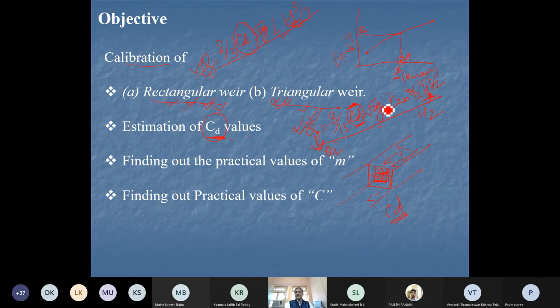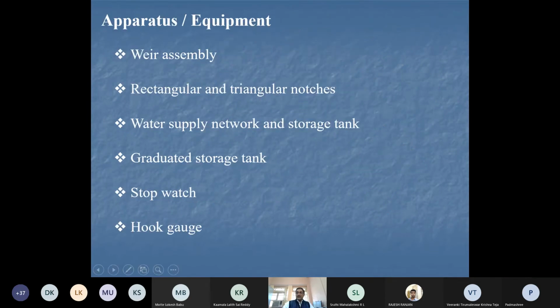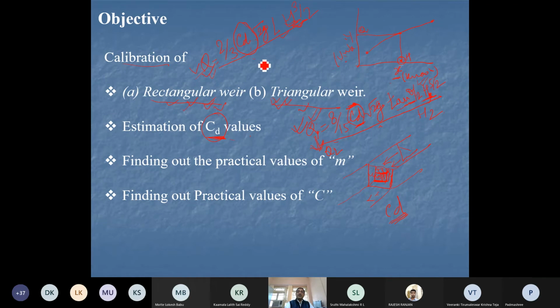We know the value of G, we know the angle theta for this suppose triangular weir. We know the value of L, length of the weir, for the rectangular weir. So we can calculate the value of CD for all the observations.